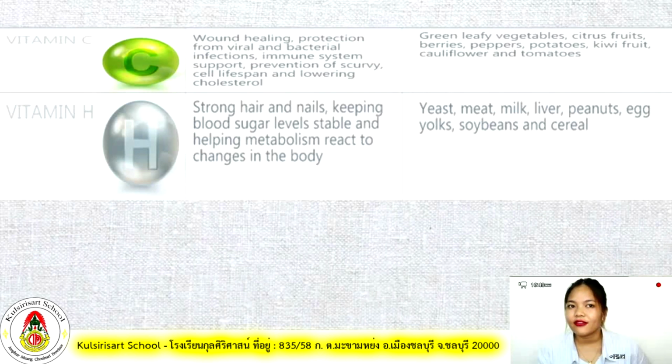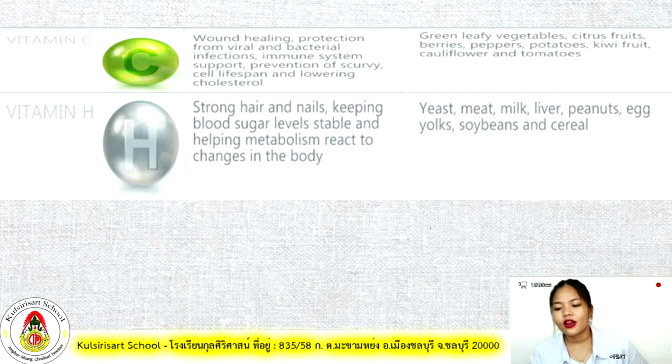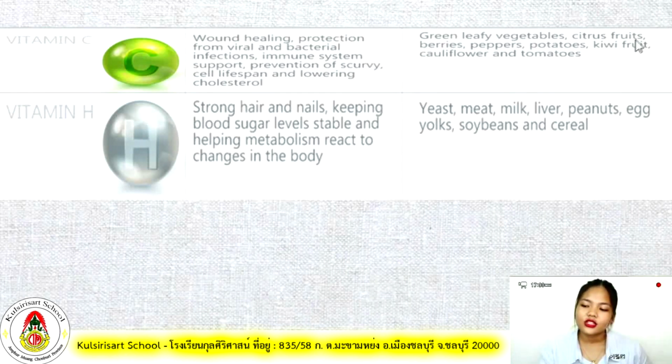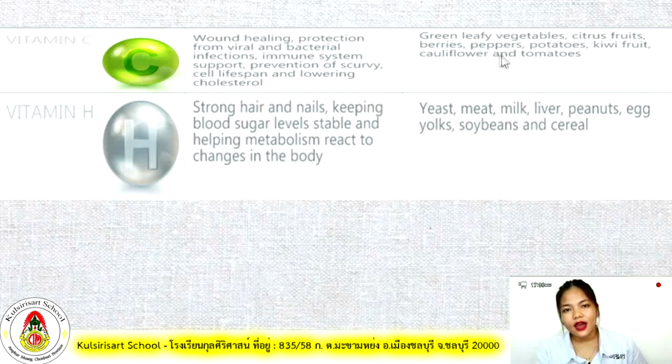So if you have hypertension or a weak immune system, you should take in vitamin C. And vitamin C can be found in foods like green leafy vegetables, citrus, fruits, berries, peppers, potatoes, kiwi, cauliflower, and tomatoes.